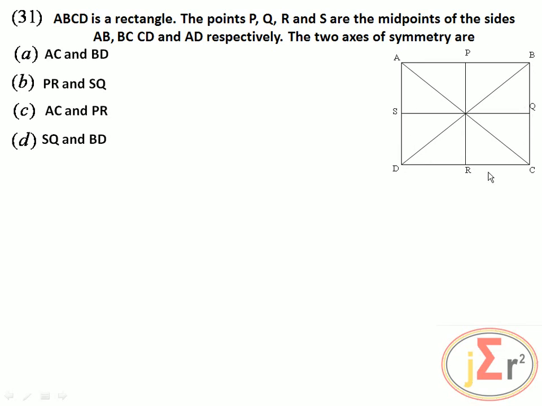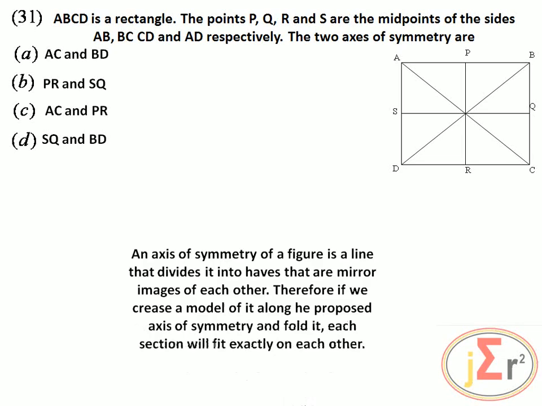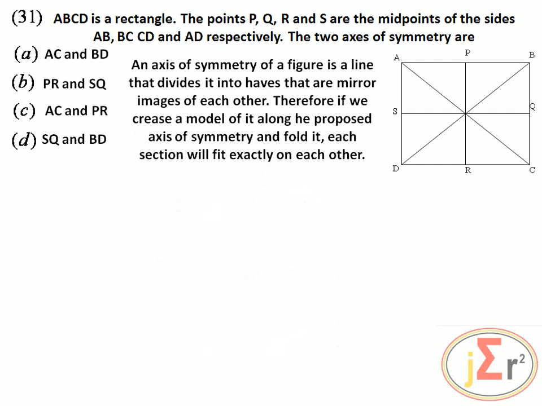We are required to tell which pair of lines represents a pair of axes of symmetry. An axis of symmetry of a figure is a line that divides it into halves that are mirror images of each other.